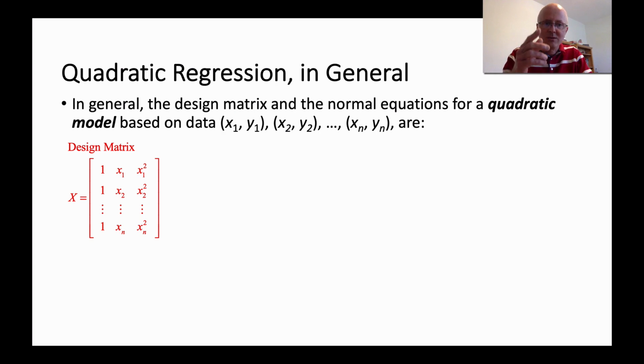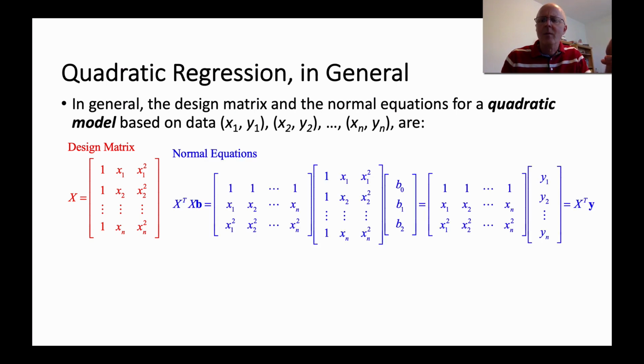Second column is x1, x2 through xn, the first coordinates of all the data points. Third column is those numbers squared. Take x transpose times x, and you get the matrix I called A, which is the left-hand side of the normal equations. That is not shown here, simplified. I'll show you in a simplified formula in a minute.